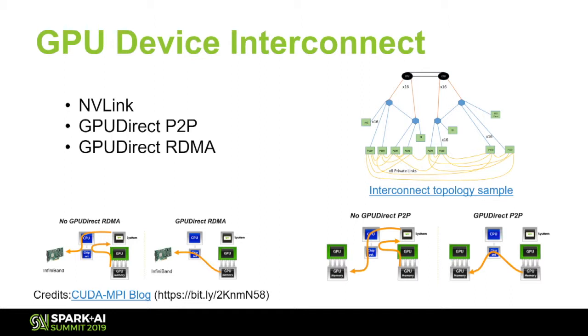In the case of GPU direct, whether it is P2P or RDMA, the CPU can be eliminated from the picture, and the multiple copies can be avoided. So clearly the advantage with GPU direct is that direct memory access and direct memory transfers are enabled. So that will contribute to effective training, and essentially we are taking this high bandwidth connectivity option as opposed to the other options that can slow things down.